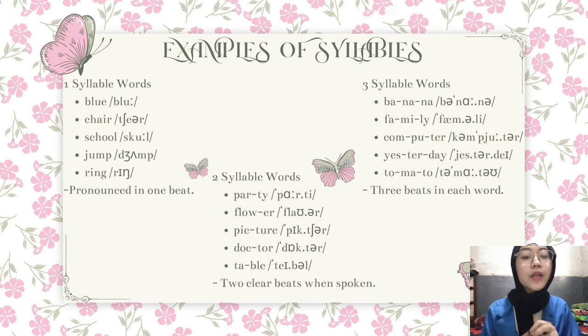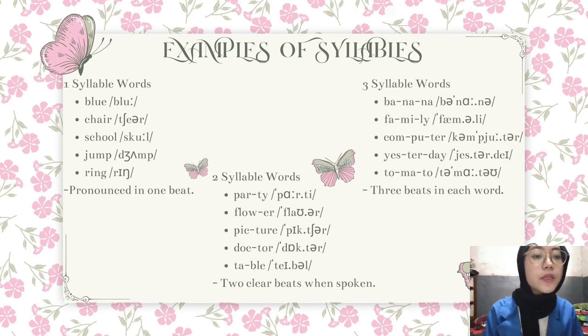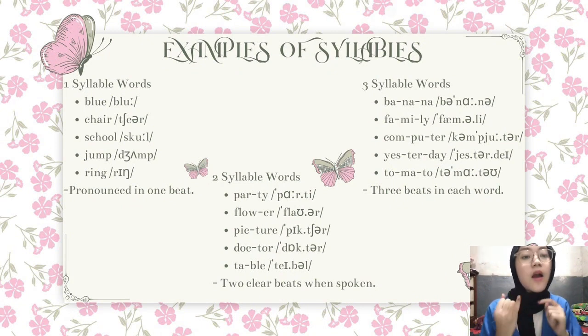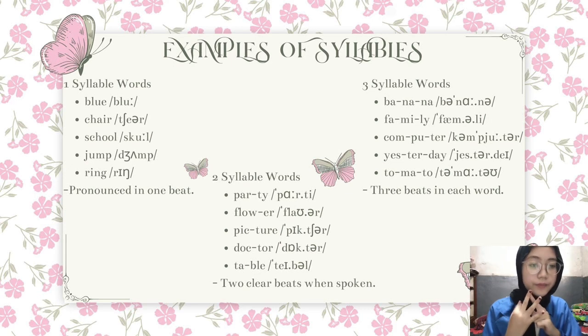These words have two clear beats when spoken. And number 3 is three-syllable words: banana, family, computer, yesterday, tomato. You can hear 3 beats in each word. So this example shows how words are divided naturally when pronounced.